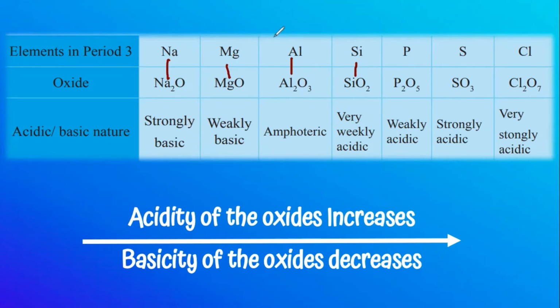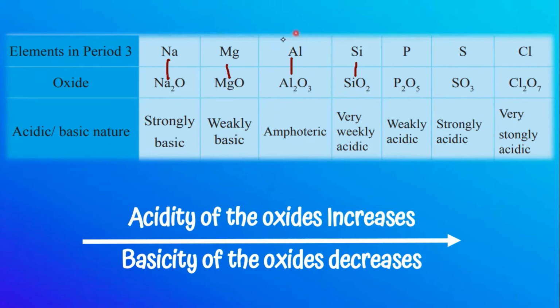Sodium oxide is strongly basic, magnesium oxide is weakly basic, aluminium oxide is amphoteric, then very weakly acidic, weakly acidic, strongly acidic and very strongly acidic. Acidity of the oxides increases as basicity of the oxide decreases.